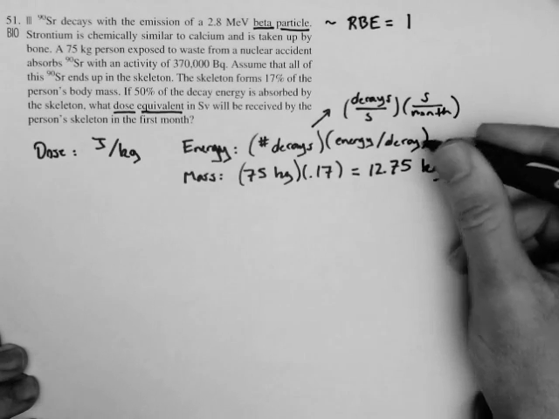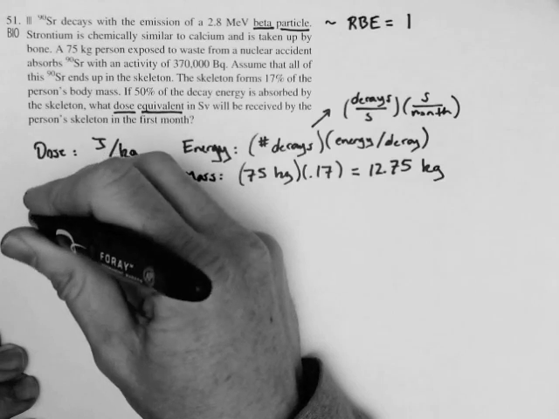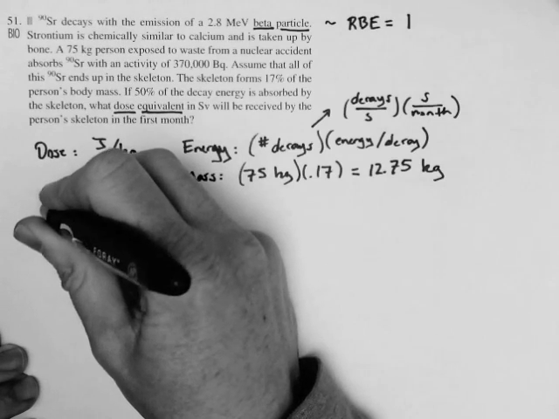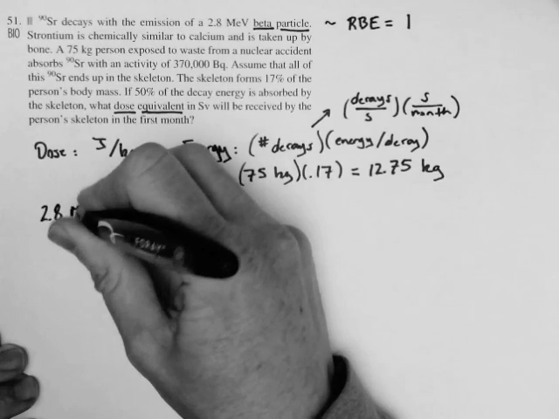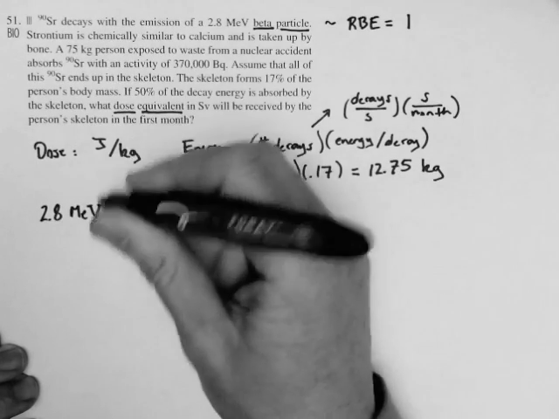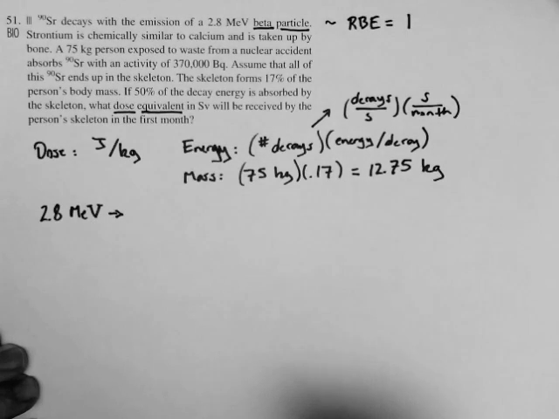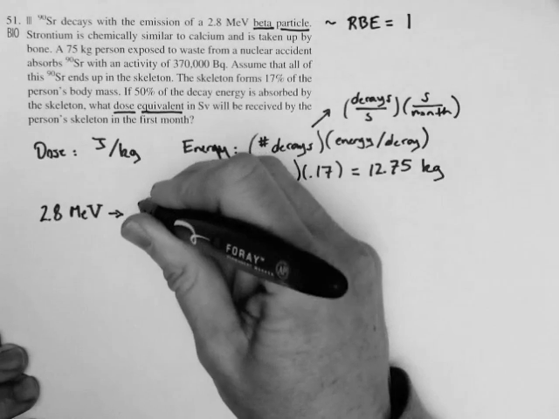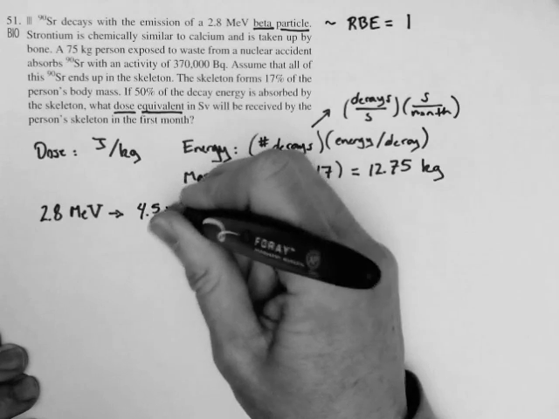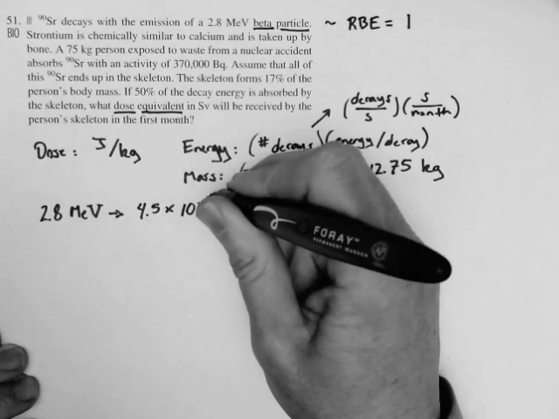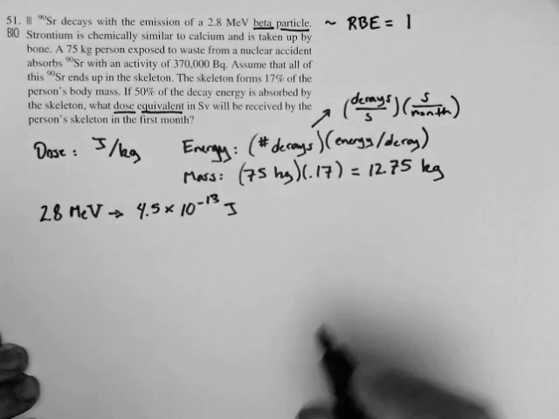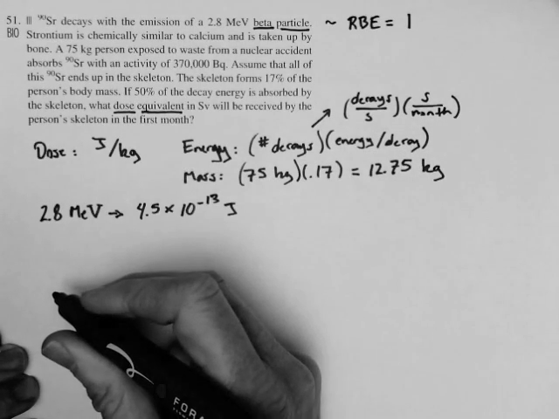Now, to get the energy per decay, we're given it in mega electron volts, but we don't want it in electron volts. We want it in joules because the dose is looking for joules per kilogram. So we'll convert: 2.8 mega electron volts is equal to 4.5 times 10 to the minus 13 joules. So let's work out the energy now.